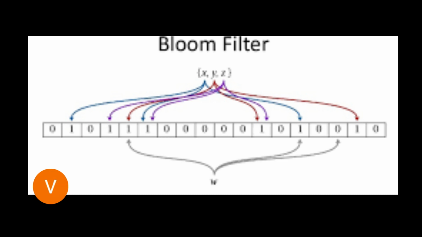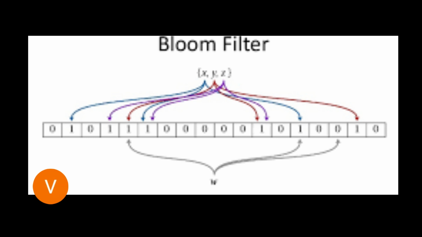If all three bits are set, that means Sachin may be present in the database, because although we have reduced the chance by using multiple hash functions, there is still a chance that some other data is represented in the Bloom filter with the same set of indices. So we cannot surely say, but we can just say it may be present.